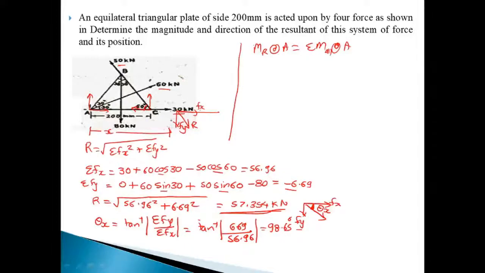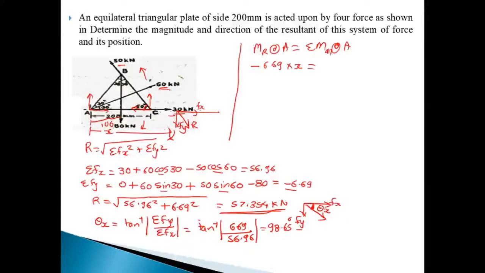So the moment due to the resultant is clockwise, so this way this object will rotate. The moment is clockwise, and it is Fy into x distance, and Fy is 6.96 into x. Moment due to all forces, so we have to consider the moment due to this 30 Newton, 60 Newton, 50 Newton, and 80 kilonewton.